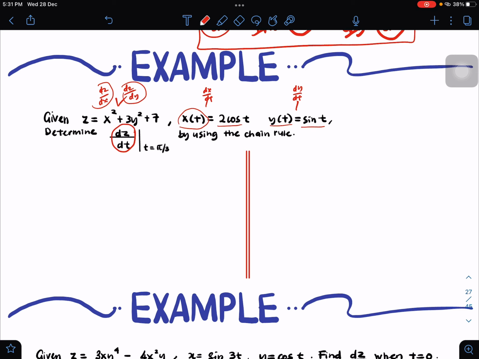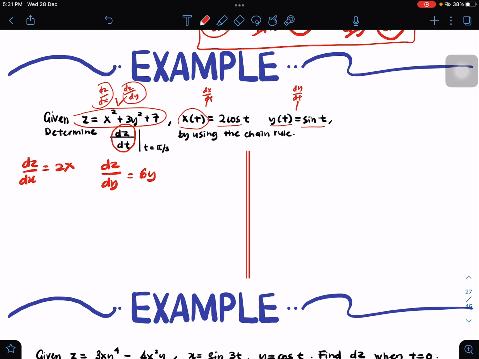So what you need to do first is differentiate everything. Differentiate z with respect to x, you will get dz/dx, which is 2x. Then differentiate z with respect to y, you will get dz/dy. Let x be a constant, so you will get 6y.